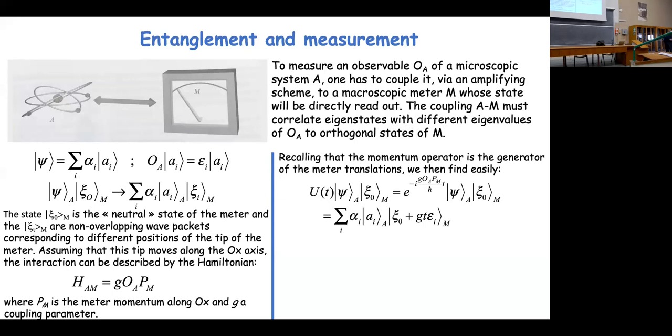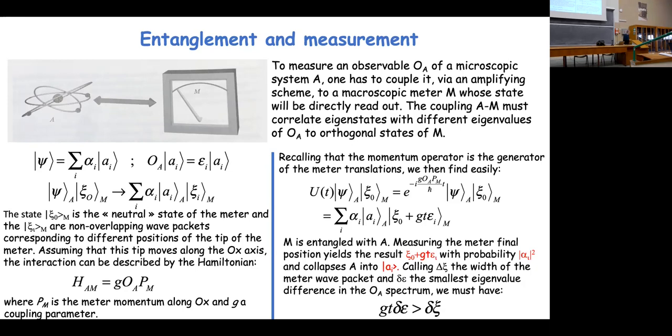Then you look at the meter, and depending upon where the meter is, you will collapse the system into the corresponding eigenstate. So the second part of the measurement is to measure the meter, and then you collapse the system into the correlated eigenstate. So this is quite simple.